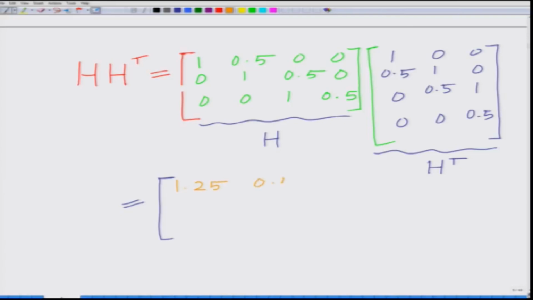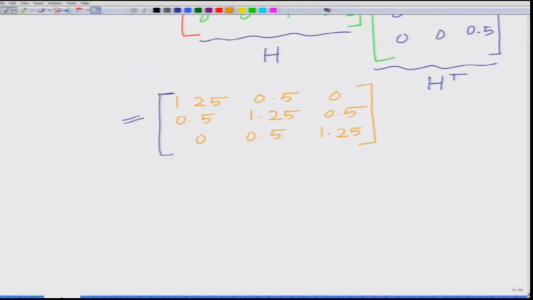1.25, 0.5, 0, 0.5, 1.25, 0.5, and again 0, 0.5, 1.25.